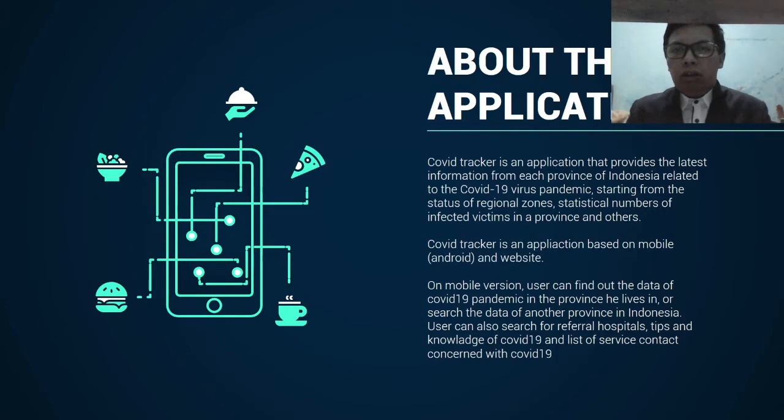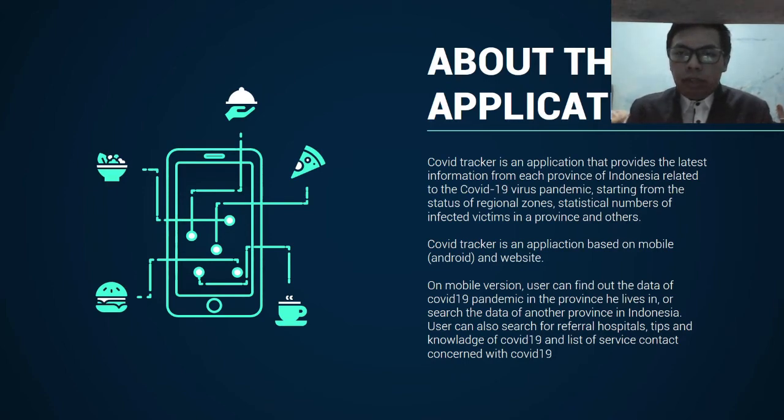Now let's talk about our application. As I said before, COVID Tracker is an application that provides the latest information from each province of Indonesia related to the COVID-19 virus pandemic, starting from status of regional zones, statistical numbers of infected victims in a province, and others.